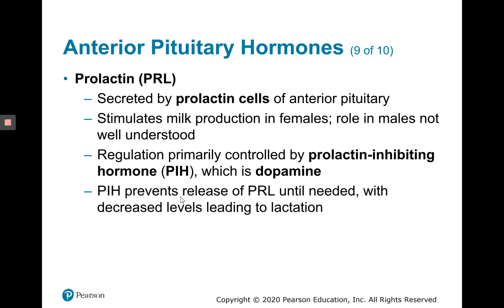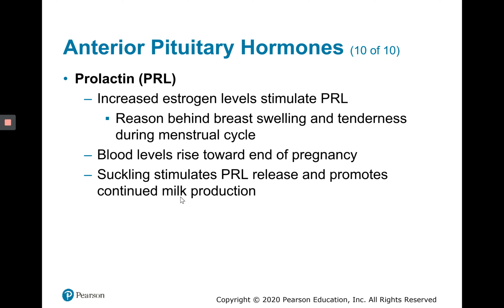Its regulation is primarily controlled by prolactin inhibiting hormone, which is just dopamine. Dopamine, or prolactin inhibiting hormone, prevents the release of prolactin until needed. So it's actually the decrease of prolactin inhibiting hormone that causes prolactin production. With decreased levels, we see lactation occur. But increased estrogen levels are also able to stimulate prolactin release.